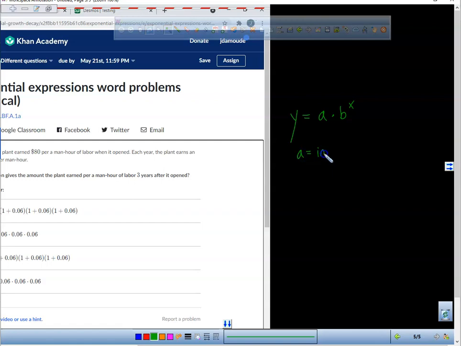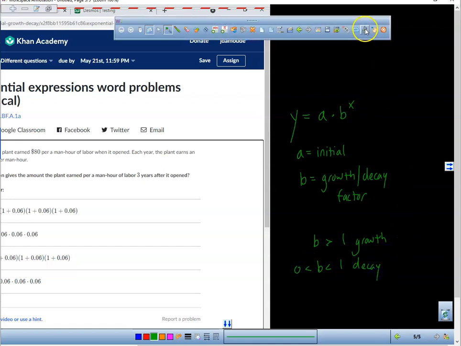Remember, a is always your initial, and b is always your growth, or it could be a decay factor. If b is greater than 1, we call that growth. If the b value is less than 1 but greater than 0, we call that decay.